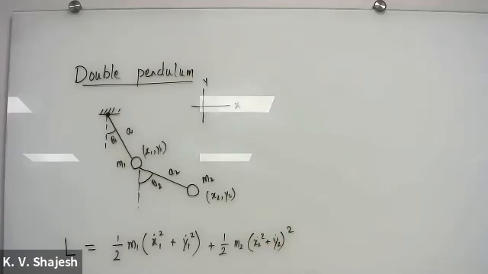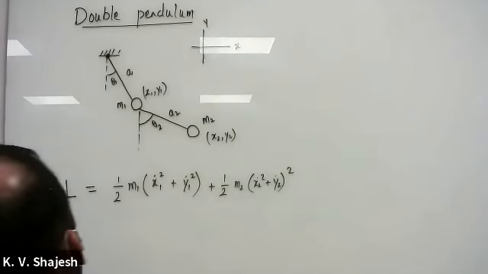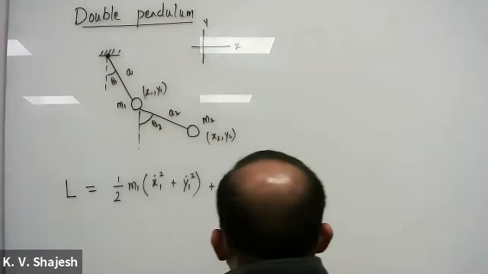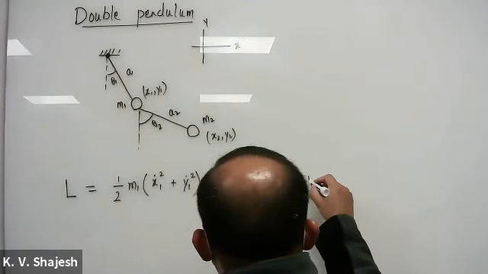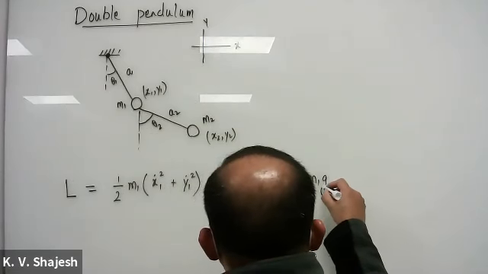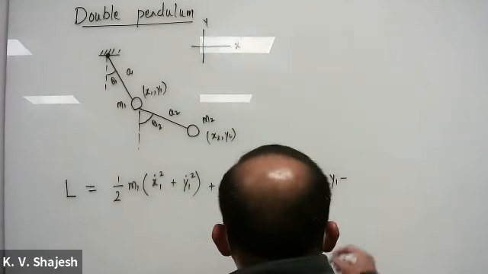That's your two kinetic energies. Oh, it's already out of the board, is it? Almost. Yeah. And you also have potential energy, which we have to subtract. So that is minus M1 G Y1 minus M2 G Y2.